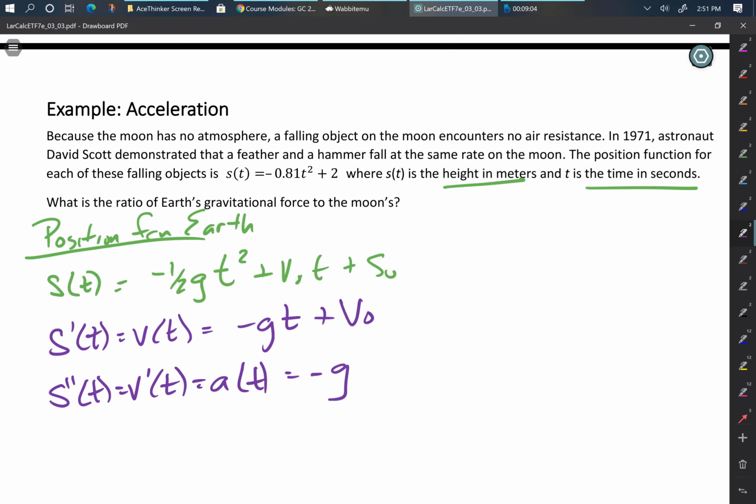Now, when we are working in meters, g was 9.8, so negative 9.8 meters per second squared. We have the same information for the moon.